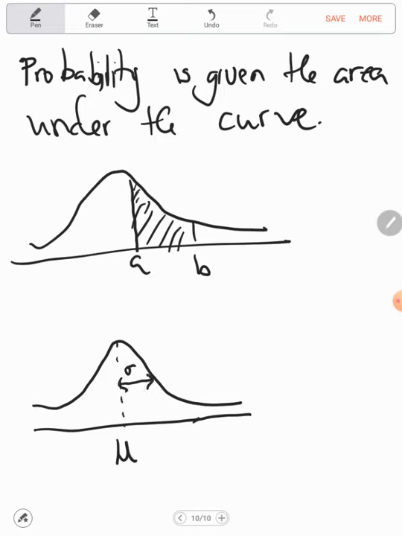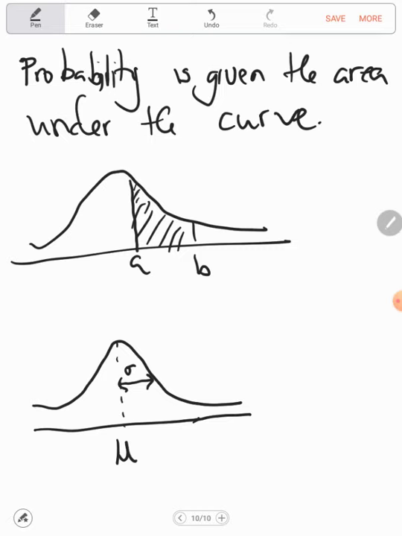If you have a longer distance from the mean to where you meet the curve, then it means that you have a higher standard deviation. But if you have a lower distance there, then it means that you have a smaller standard deviation.